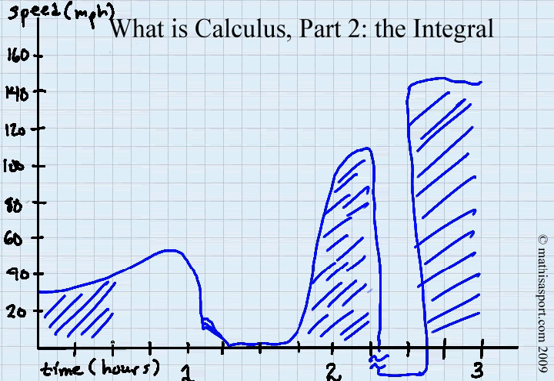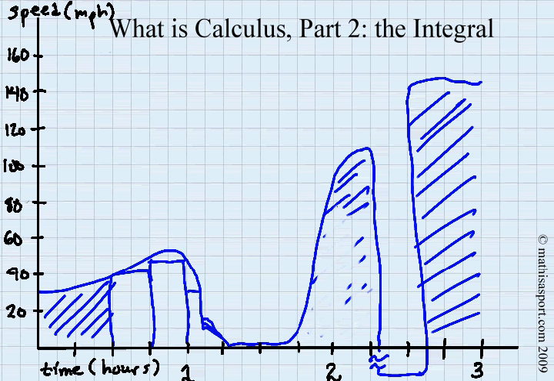Well, what could we do? We could try to make sort of crude rectangles that were approximately the distance that we traveled. And then we take the width multiplied by the height of each rectangle and add them up. And then we would get something like the area.